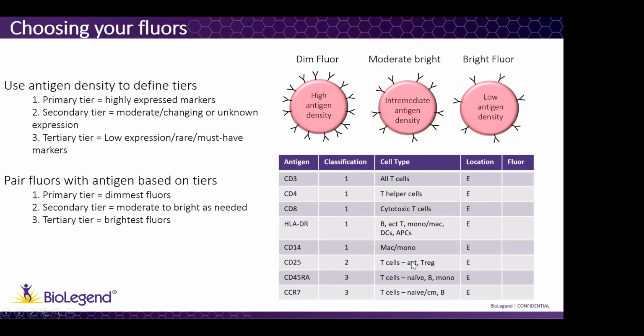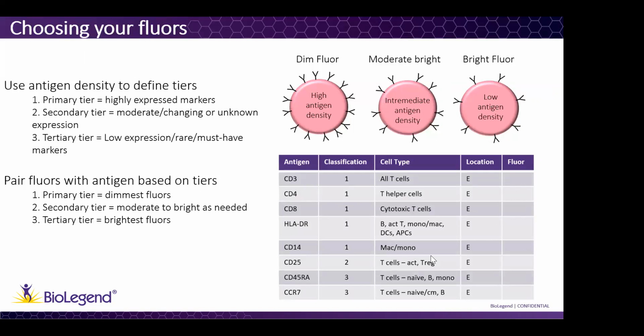Then you can list here the cell type, in which cells they are expressed, and then the location. Is it extracellular, intranuclear, or cytoplasmic? Because this, of course, reflects how you're going to perform your experiment. And then finally here, you can list the fluors that you have chosen for each of these antigens.